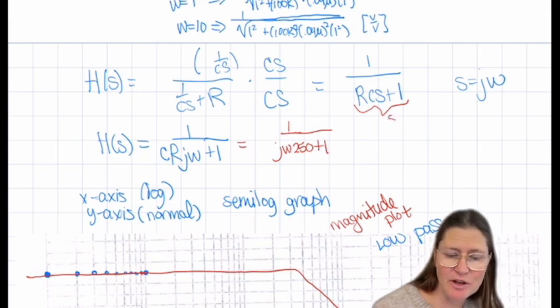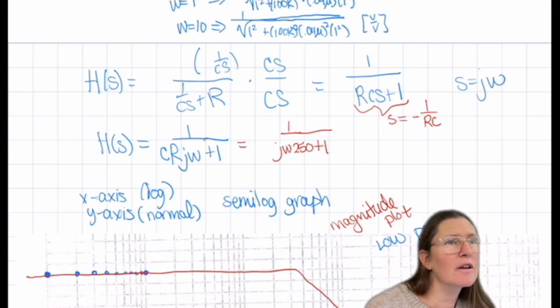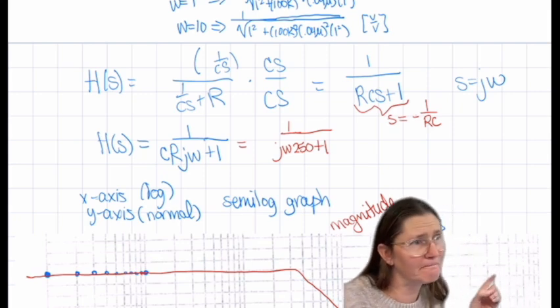It's a little easier to solve for the s quantity there, which would be negative 1 over RC, and that would be considered my root. So that's when that quantity is equal to 0. Do you see why that's negative 1 over RC?